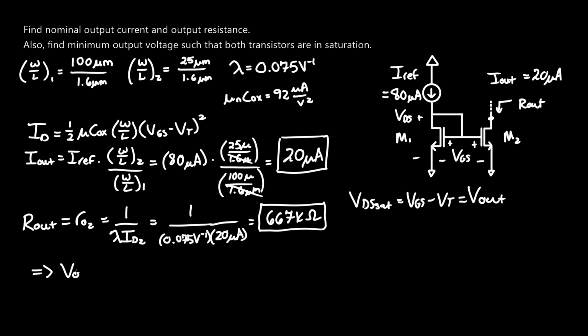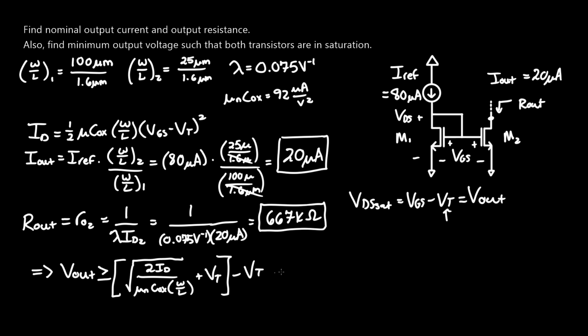V out should be at least the VDS sat of our VGS term, which is the square root of 2 times ID over mu n Cox W over L plus our VT, minus this VT.